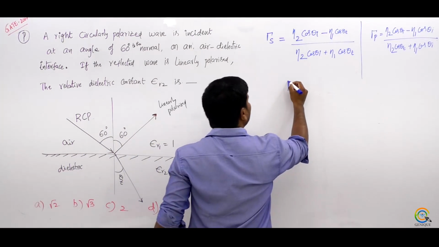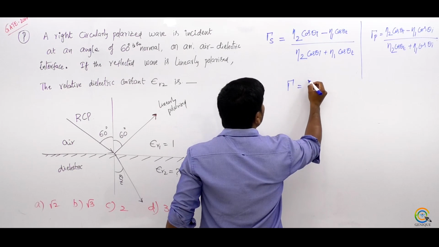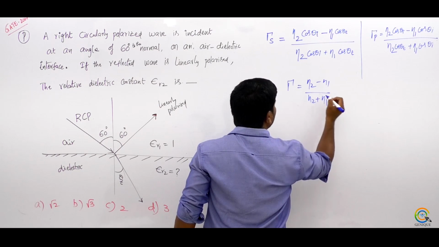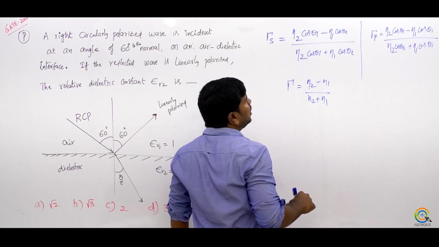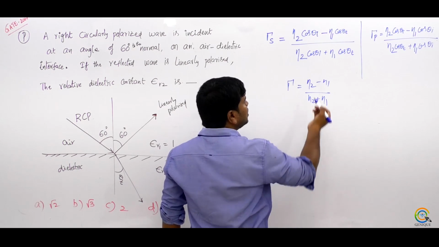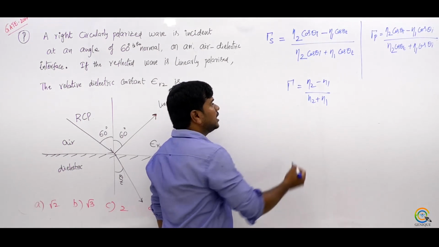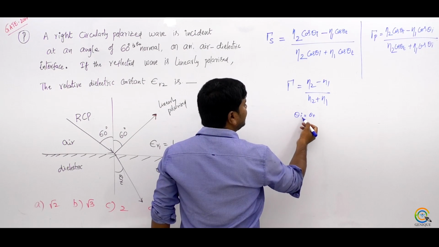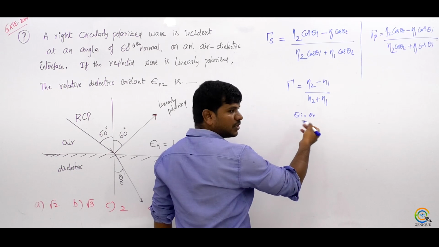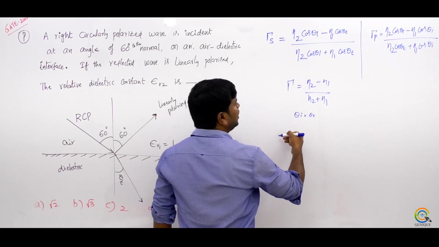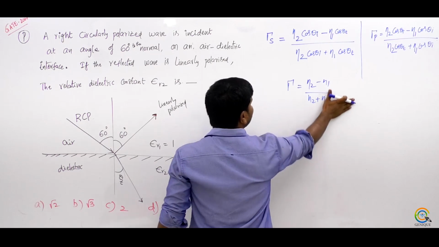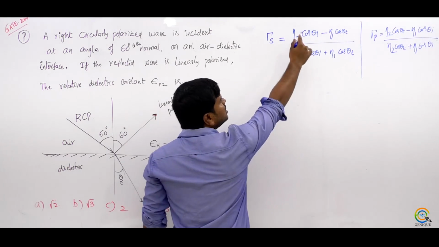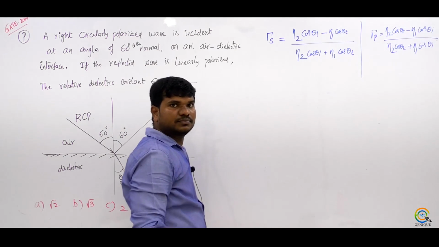You will get eta 2 minus eta 1 divided by eta 2 plus eta 1, because in normal incidence theta I is equal to theta t, and it is equal to theta r. So if theta I equals theta t, all these things get cancelled.